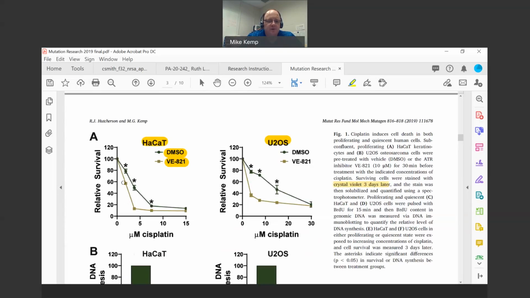And so if we look at this, for example, in the green bar here, this is looking at vehicle-treated cells. Clearly, increasing cisplatin doses causes a decrease in cell survival. However, when cells are treated with the ATR inhibitor, there's even less cell survival. So the cells are sensitized to the drug.